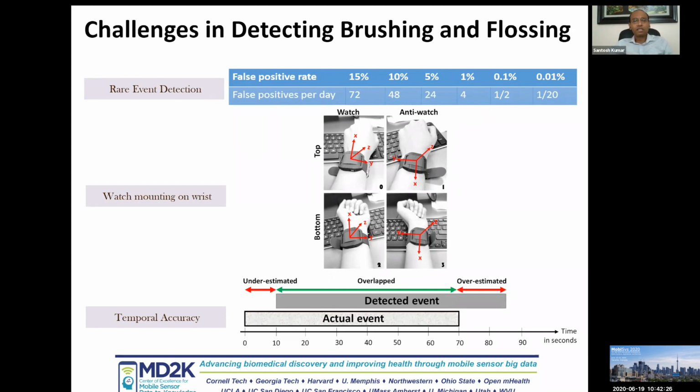Even with 1% false positive, we can declare 4 false positive brushing episodes per day. So for rare event detection, our false positive rate really has to be low.